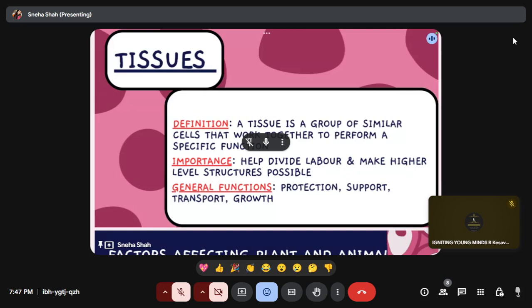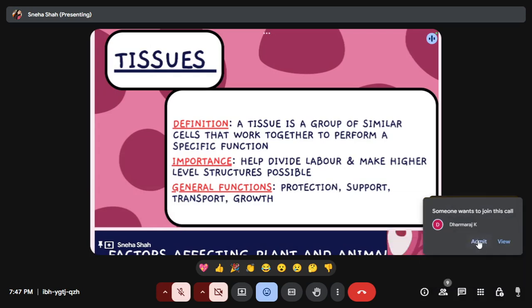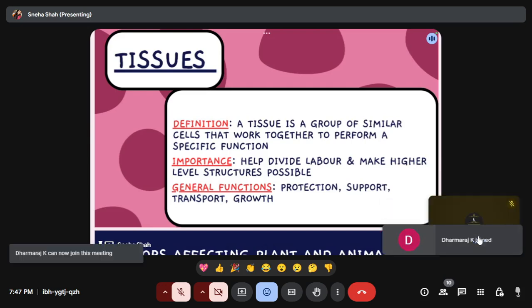Understood? So their structure is different from animals. Animals can hide themselves, they can run away from an obstacle, but plants cannot do that. So that structure is also different in plants and animals. Now, why I ask this question is, based on these things, the tissues present in plants and animals are also different in their structures, functions, and organization.